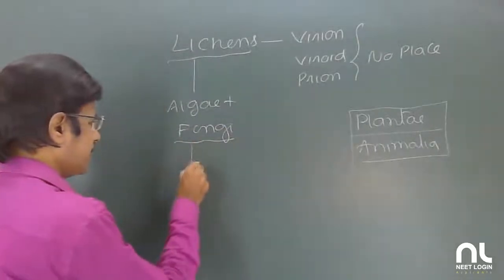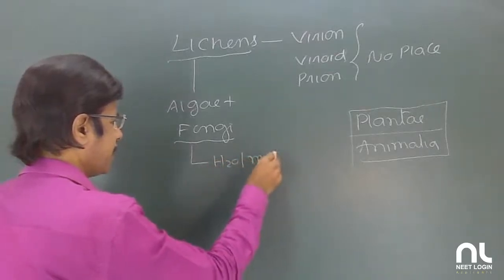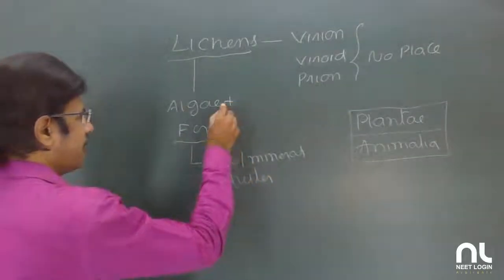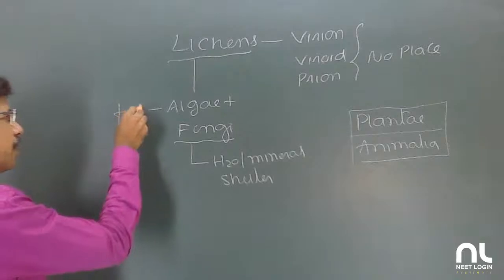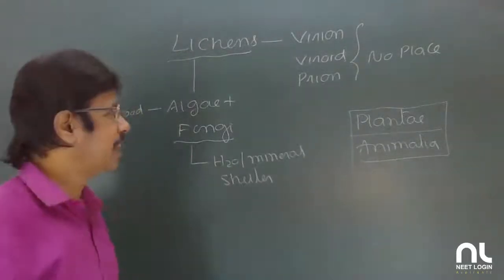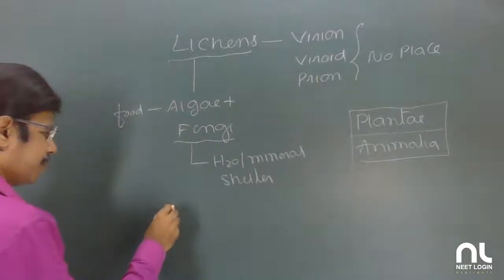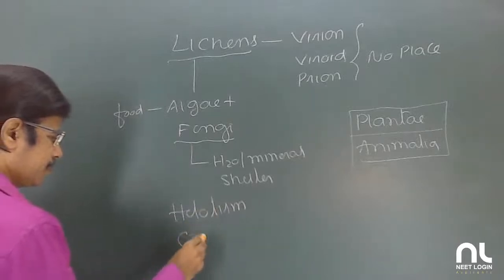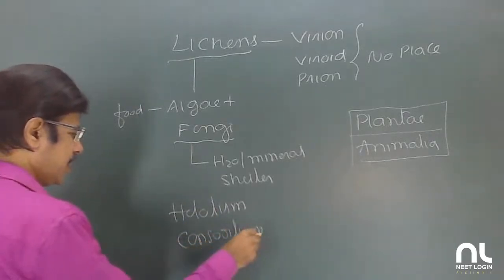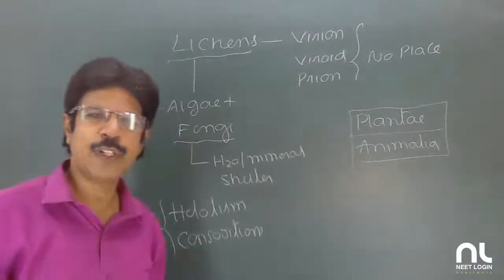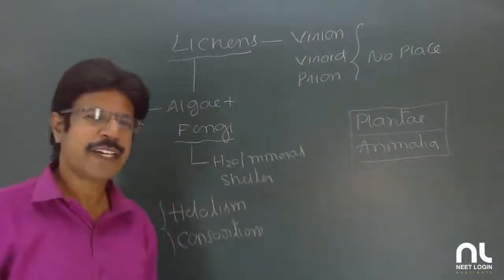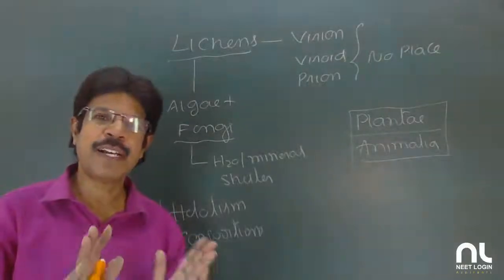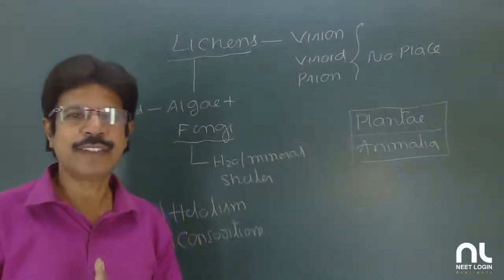Fungi provide water, minerals, and shelter. So the relation in lichens may be helotism or consortium. Some scientists viewed it as helotism, a master-servant relation. Some viewed it as a husband-wife relation, consortium. Anyhow, the amalgamation of algae and fungi results in the lichen.